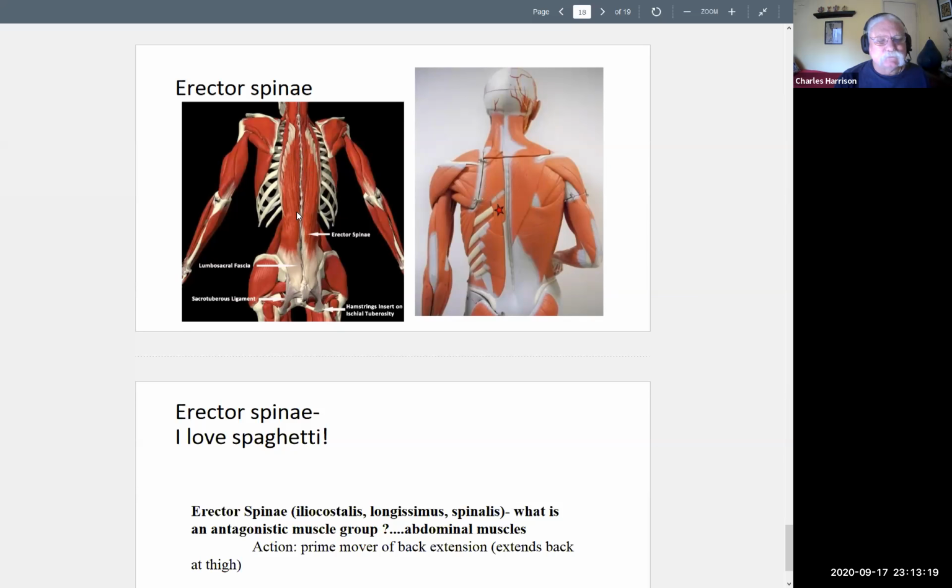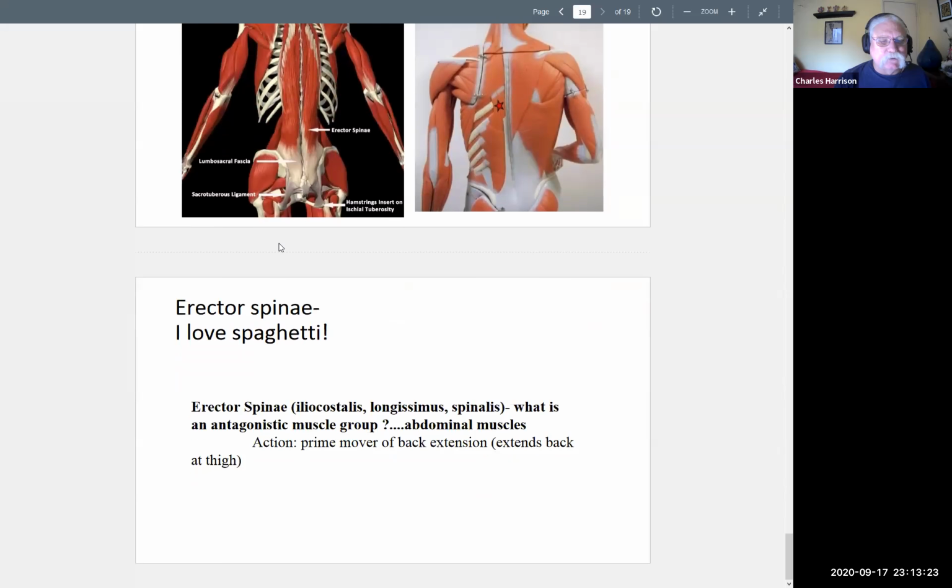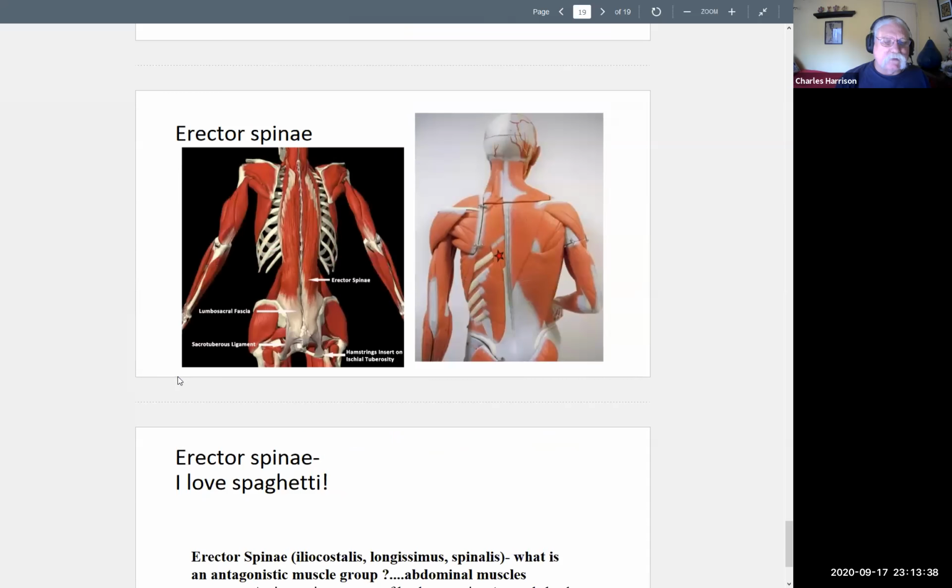Here it is. I'm not going to ask you the various parts of the erector spinae, just erector spinae. So this bit about I love spaghetti, how to remember the different parts, I'll remove that or remind us that you only need erector spinae.